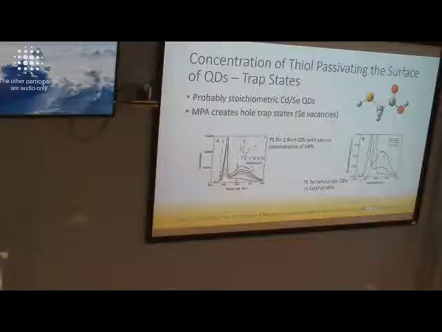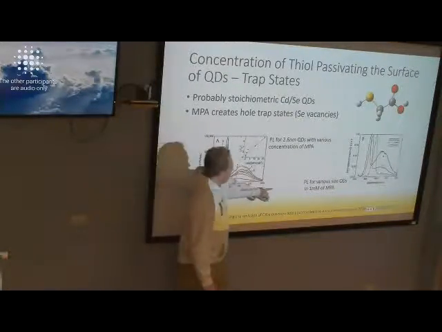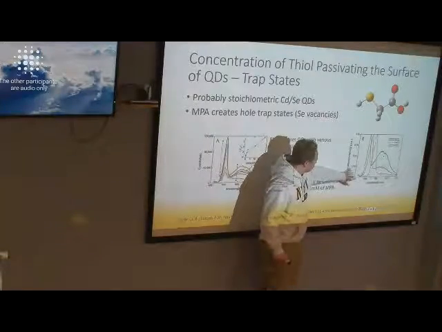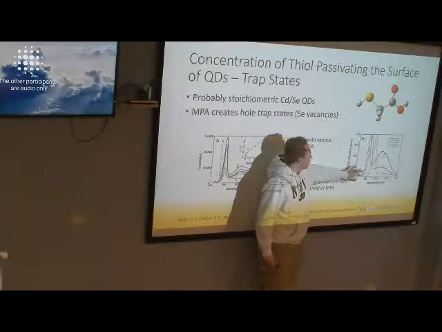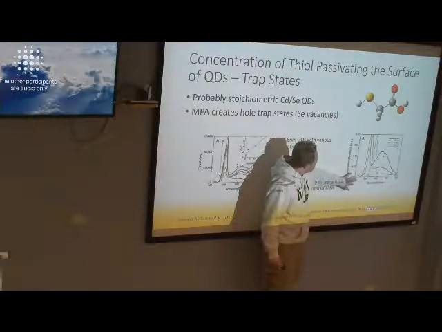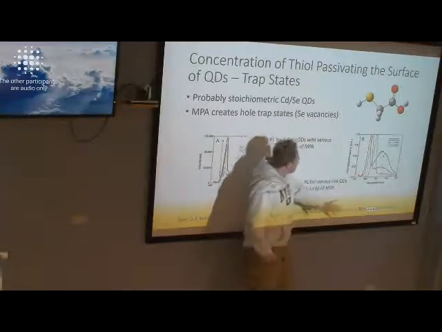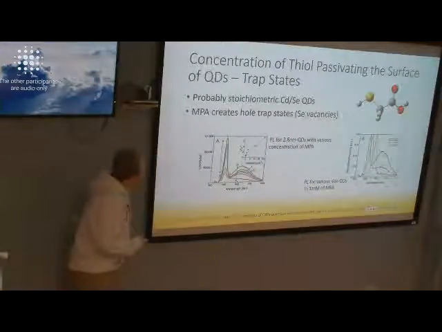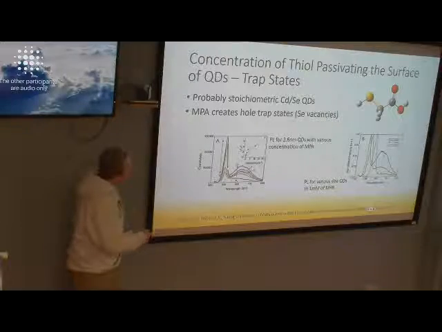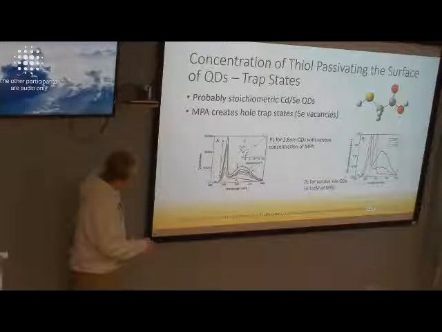So what they did, two studies. They did concentration based and size dependent based. So in this one, the concentration of the thiol is constant. This is emission, right? Yes. Emission spectrum. Here it changes, and we can see that initially there's a well-defined band edge emission, and then there's kind of a trap state here.